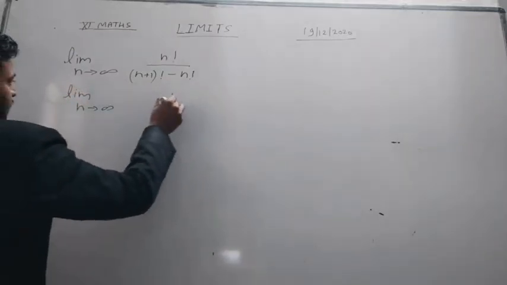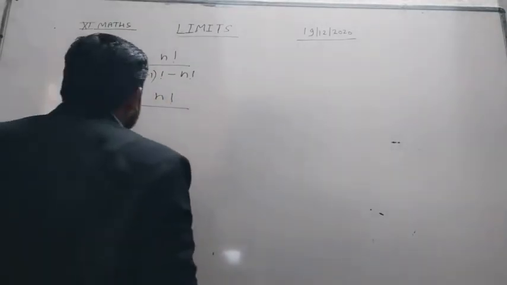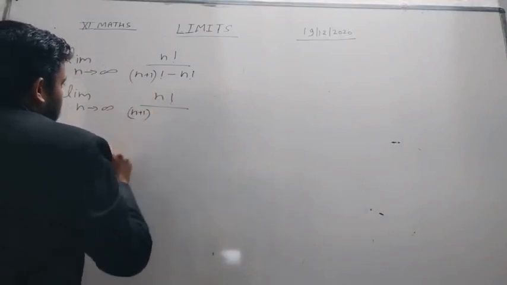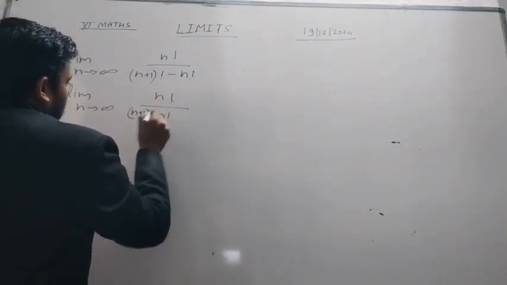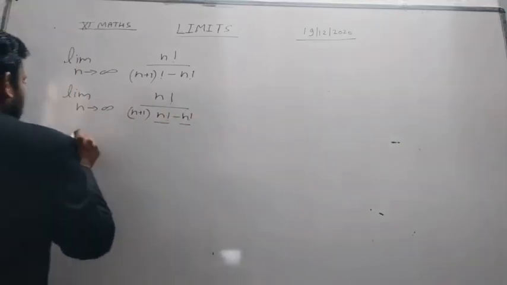Now, student, this is our factorial n, and we know that we can write n plus 1 factorial as n plus 1 times factorial n minus factorial n, taking factorial n outside.